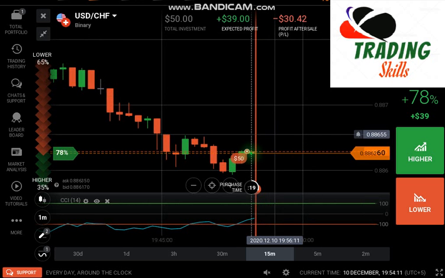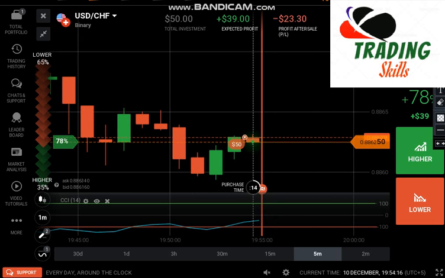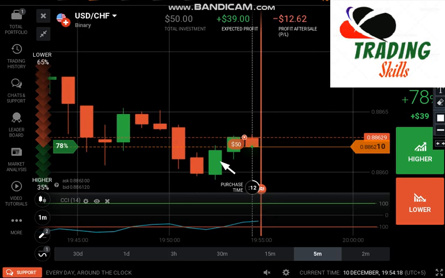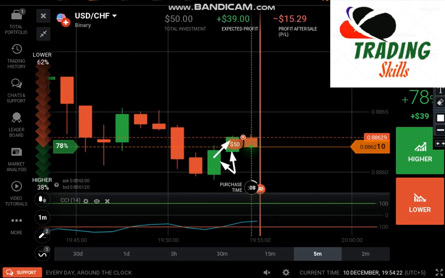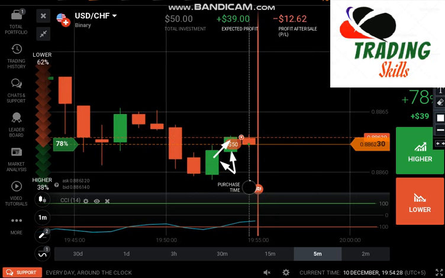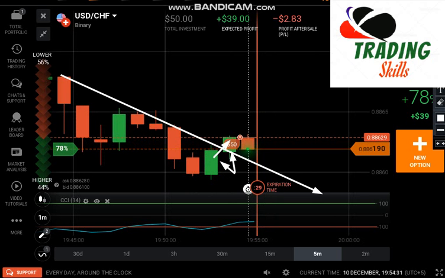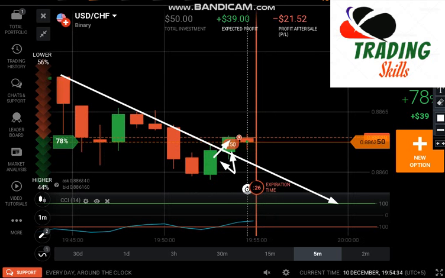Why did I take my trade in a down direction? Because you can see here, let me show you, strong candle, weak candle. If I compare this candle with this one, it means that sellers are getting weak and the market can reverse from this area. Now if you analyze the market here, this is your level.